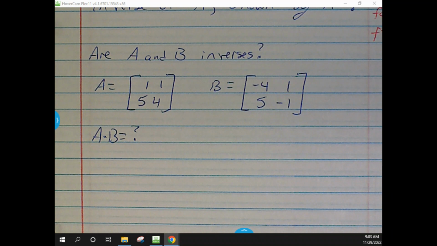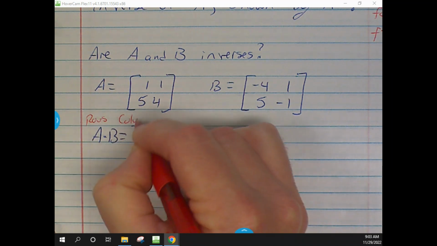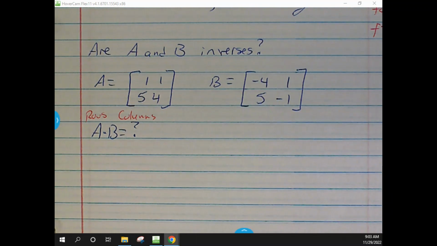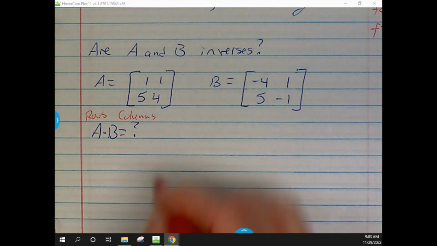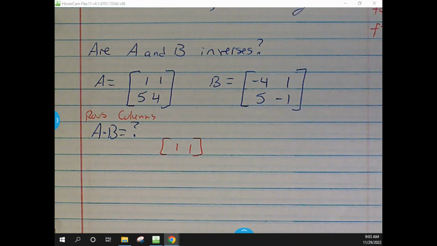All right, in this one, I want y'all to tell me, what are we going to do here? What's the very first thing we're going to multiply? It's the rows of A and the columns of B, right? So what's the first row of A? We're going to go 1, 1, because that's the first row, and then the first column of B is -4, 5.